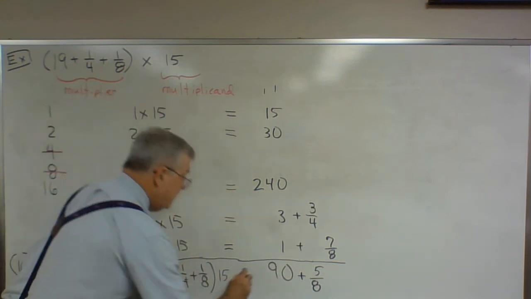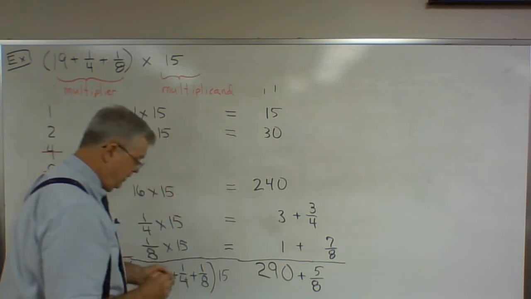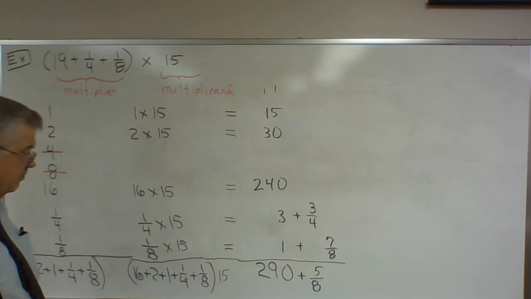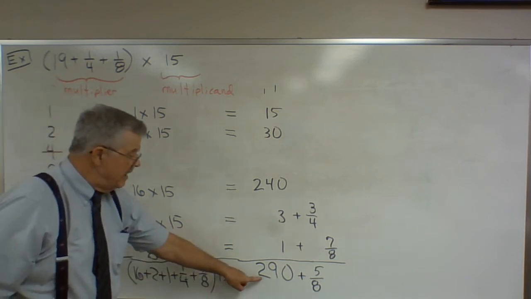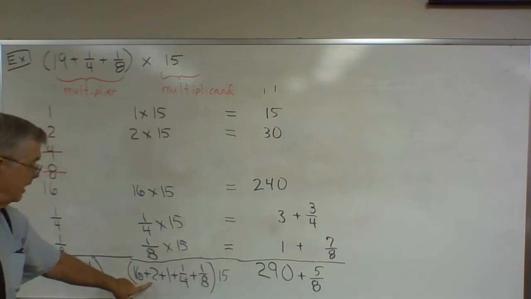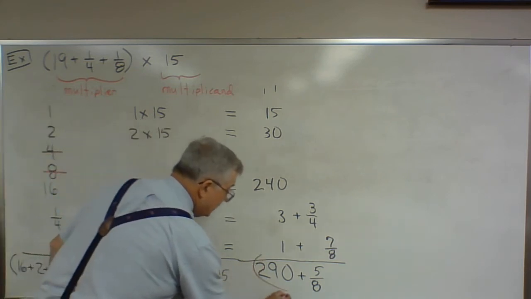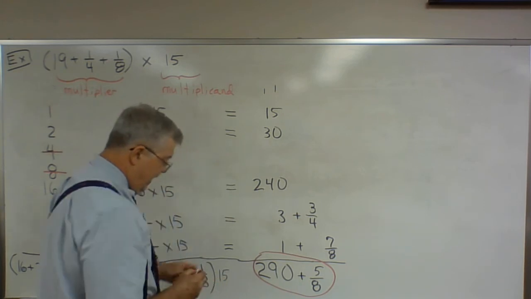And 2. Well, here we have it. What is this? It's the multiplier times the multiplicand. So that's our answer.